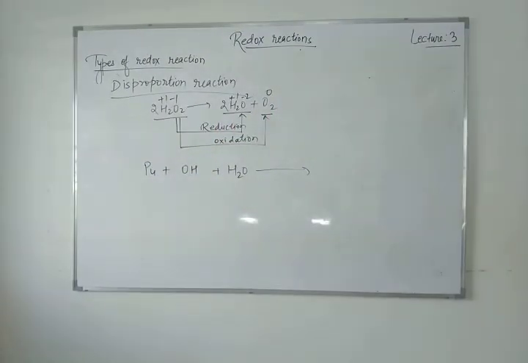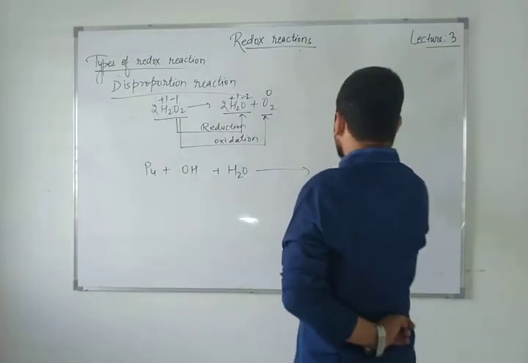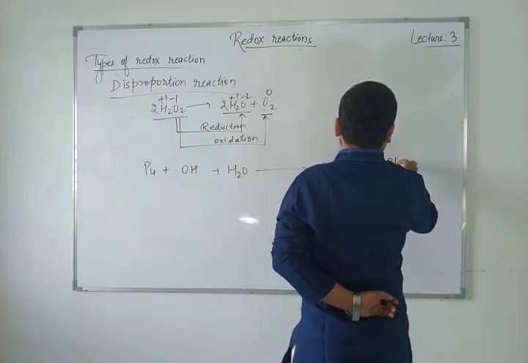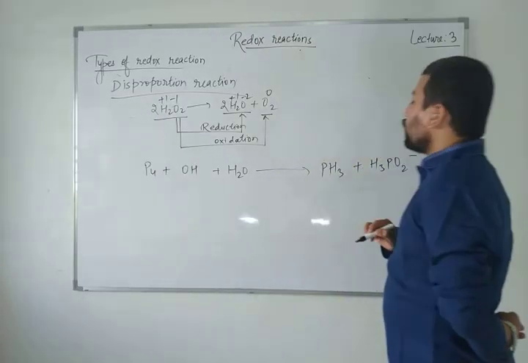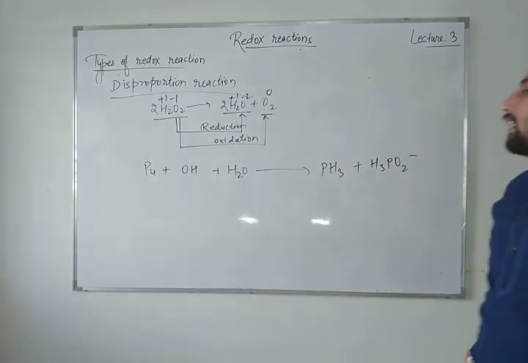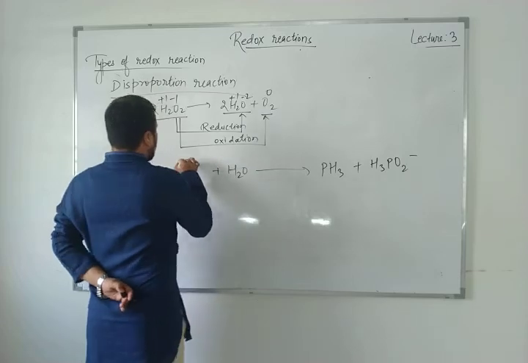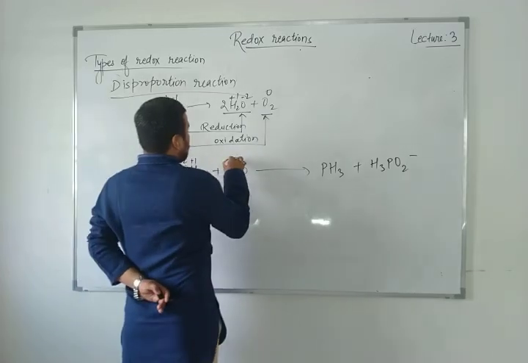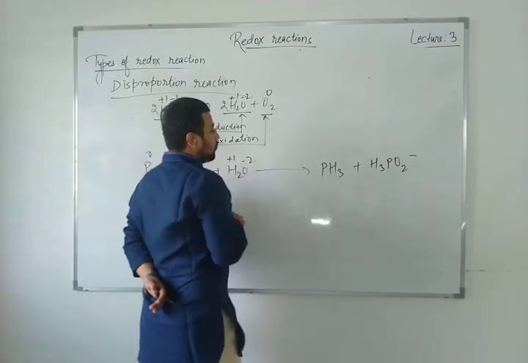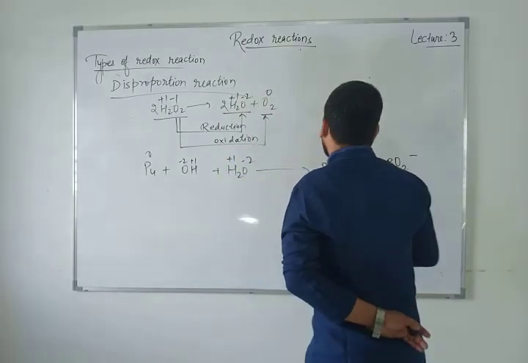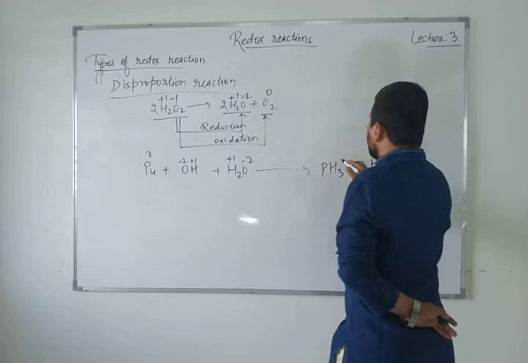Phosphine, PH3, plus H2PO2 minus. Here phosphorus exists in 0. First of all, you have to balance the redox reaction.